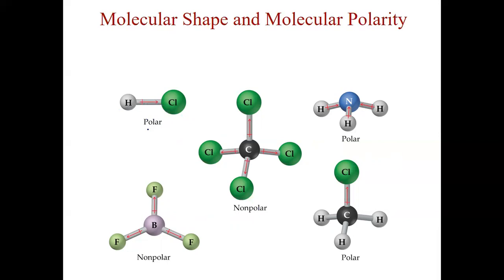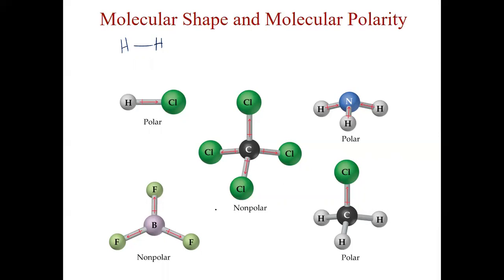If you have two of the same atoms, like H2, it would be nonpolar. But two different atoms typically make a polar molecule. Chlorine is more electronegative than hydrogen, so the dipole goes towards chlorine.